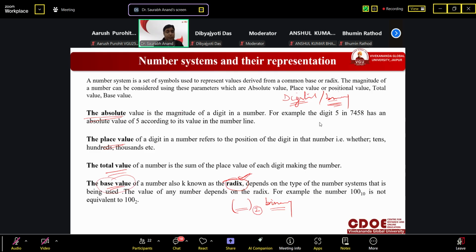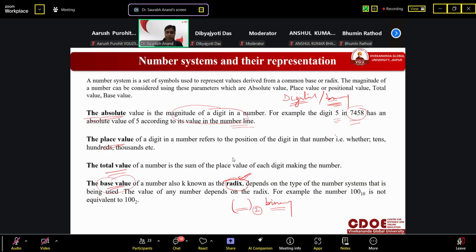What is the absolute value? The absolute value is the magnitude of the digit in the number. Suppose 7458. What is 5? The absolute value of 5 is according to its value on the number line, that is, its value according to the given number.